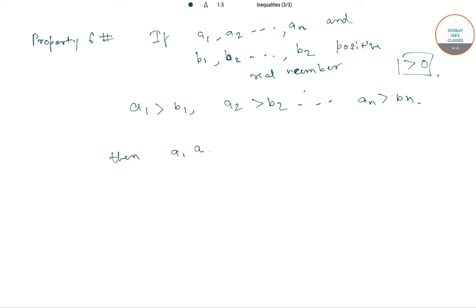A1 into A2 into A3 so on till AN is greater than B1 into B2 into so on till Bn.